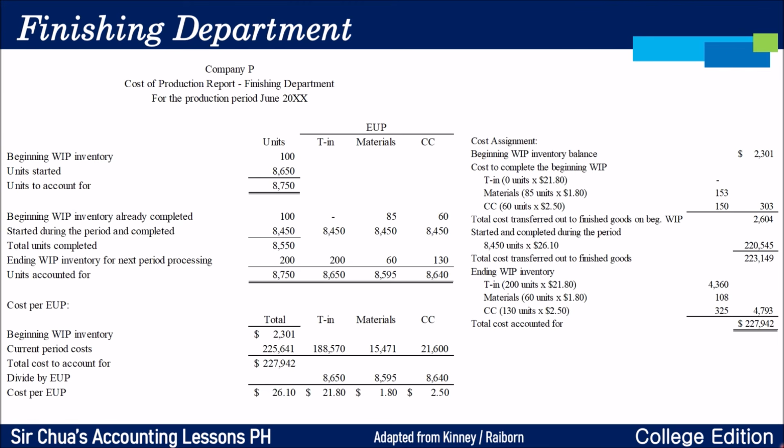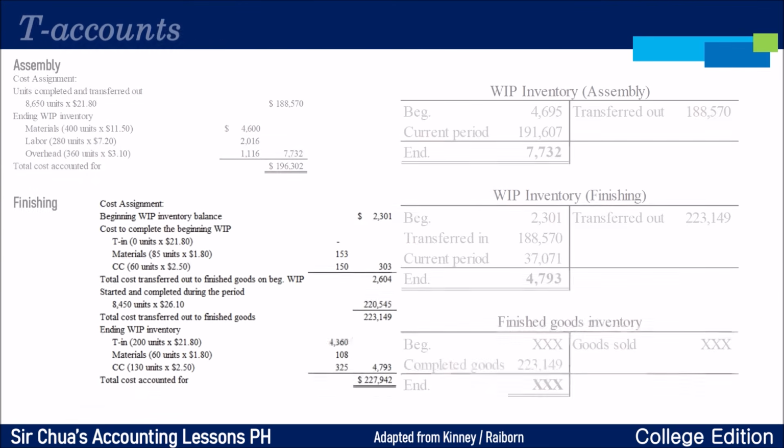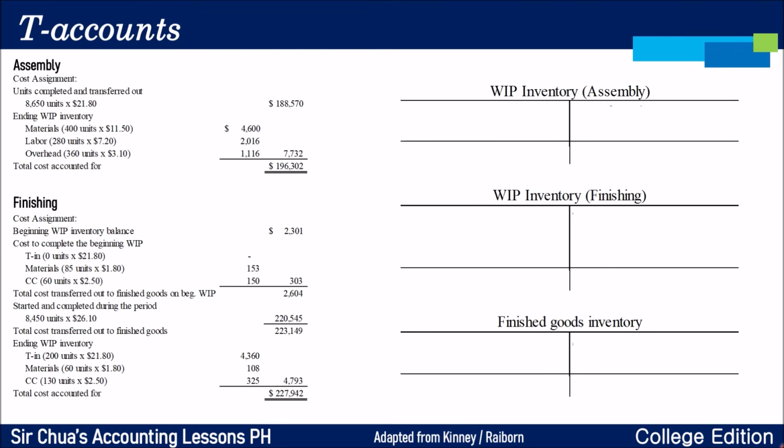Okay? Sige. Punta tayo ng requirement number 3, yung ating mga T-account, no? So, ito po yung ating mga cost assignments both on assembly and finishing department. Paano po ba nangyayari sa mga T-account? If you will be looking back sa ating pong assembly department cost, ang beginning work in process inventory daw po is 4,695. Okay? And then, syempre, ang nangyari po kasi is ang current period cost na pinasok daw po natin in the work in process inventory for the assembly department is nandyan din po, 191,607.